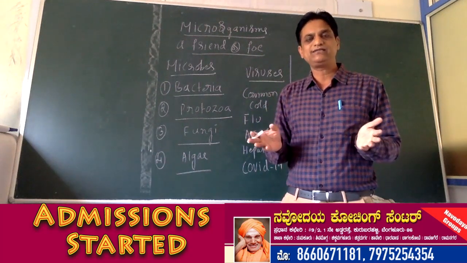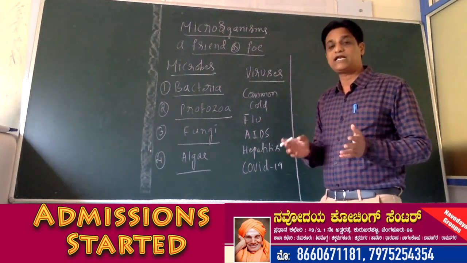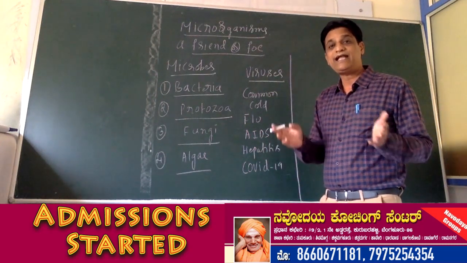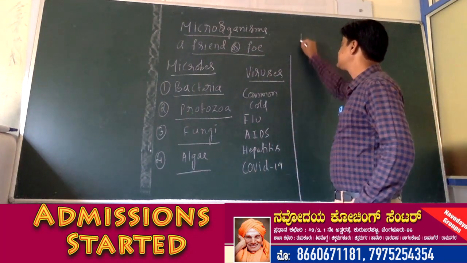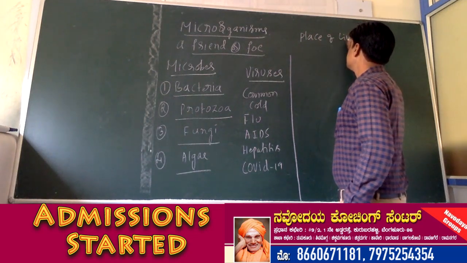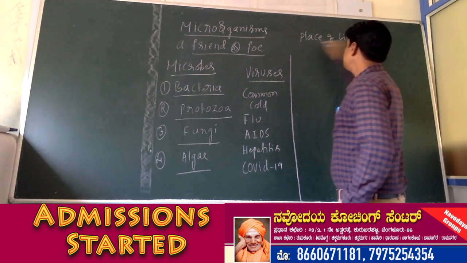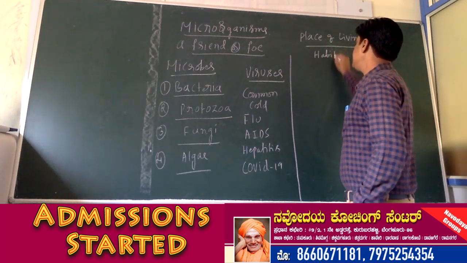But before that, first let us know what is the habitat of microorganisms. So where actually can we find microorganisms, that is, the place of living. Place of living is nothing but habitat.